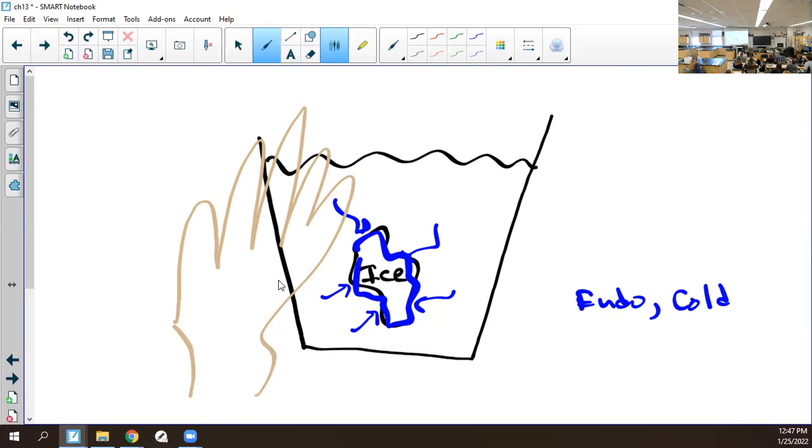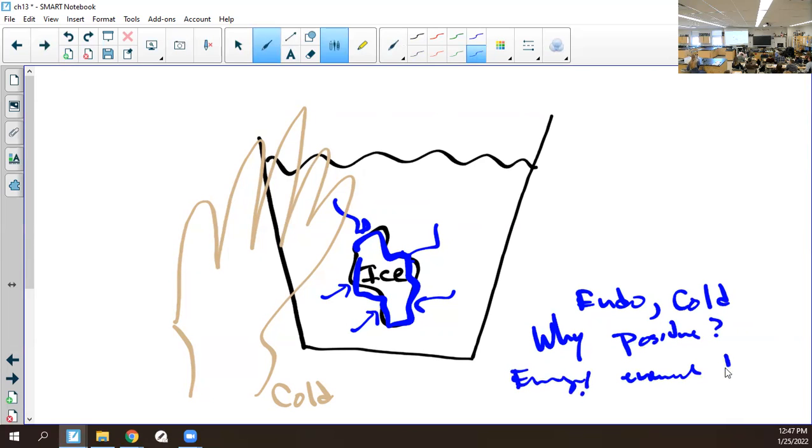All right. Don't even worry about it. Okay. I would feel this is cold. But why is it positive? It's getting hotter. Because energy entered the system. You okay with that? Initial is what?